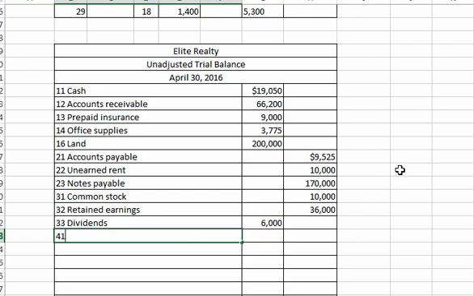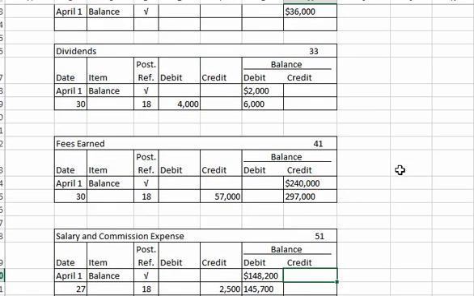Next is fees earned, account number 41. Remember, it's our revenue account. Fees earned has a credit balance for $297,000.